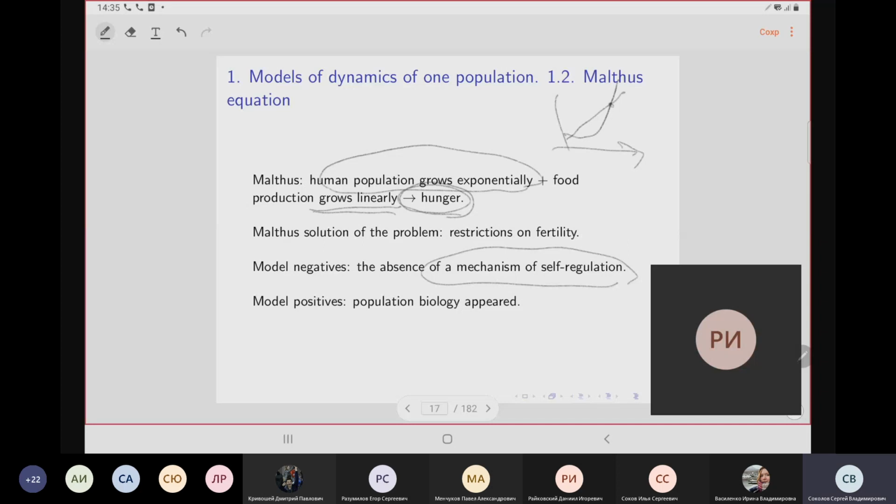So it was his solution of the problem. The only positive of this model is that population biology appeared because of it. It was quite understandable that the model is bad. So the next model was introduced very quickly.